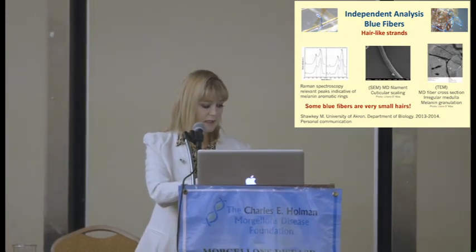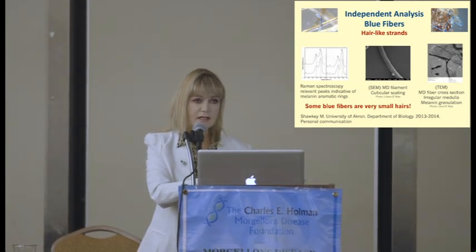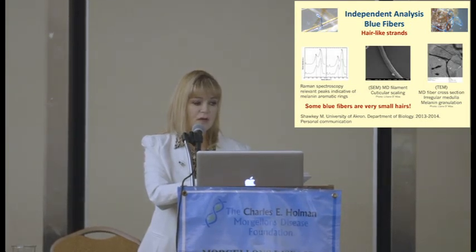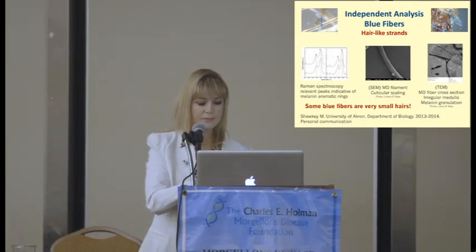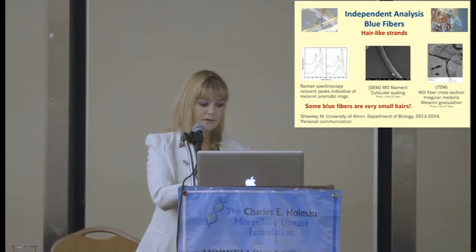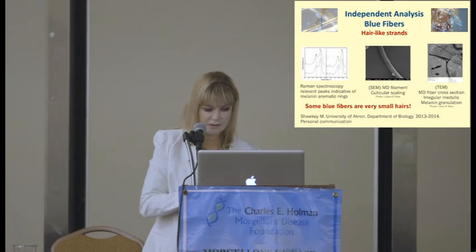He said that the particular samples I sent him had hair-like morphology, so the scaling on the cuticle of these fibers was consistent with human hair. So those particular blue fibers I sent him were actually very small hairs. And so he came up with very similar conclusions to ours using different methodology.